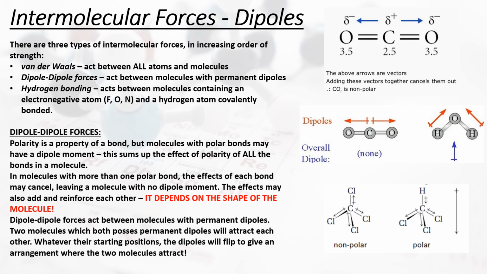The chlorine is more electronegative than the carbon, and so we have these quite big dipoles here, from the delta positive carbon to the delta negative chlorine. We have 3 of those, but now we have our carbon-hydrogen bond, and actually carbon is more electronegative than hydrogen. It's further to the right. And so now our hydrogen is delta positive and our carbon is delta negative in that bond. And so our dipole now goes from the hydrogen to the carbon.